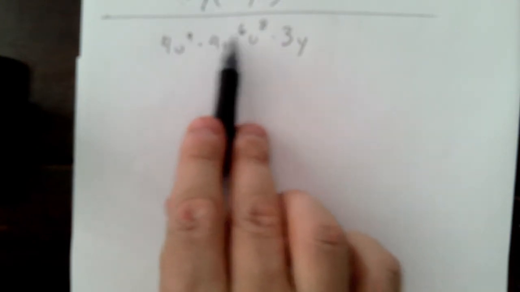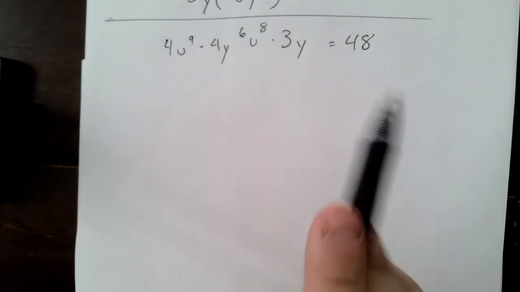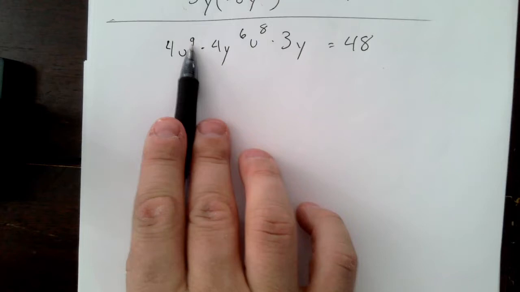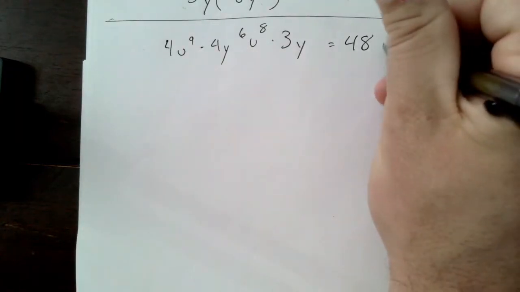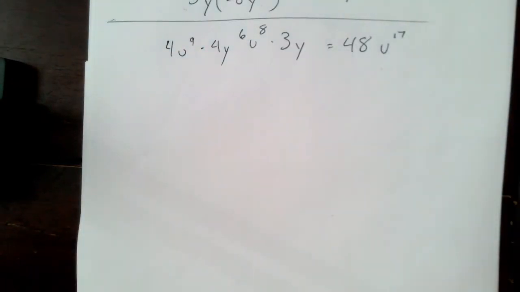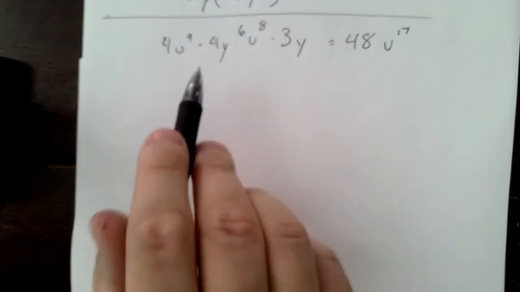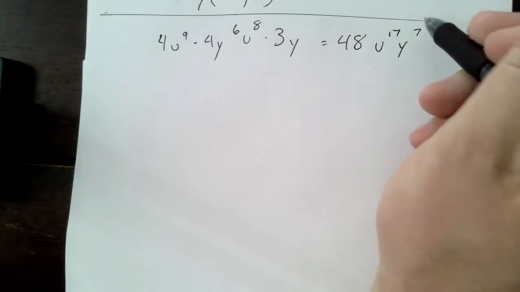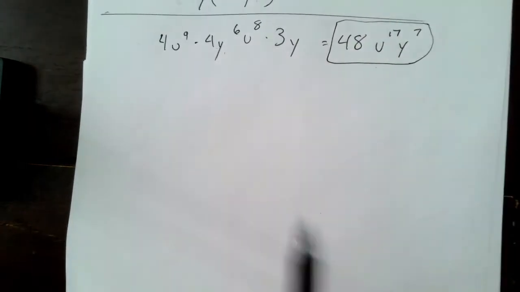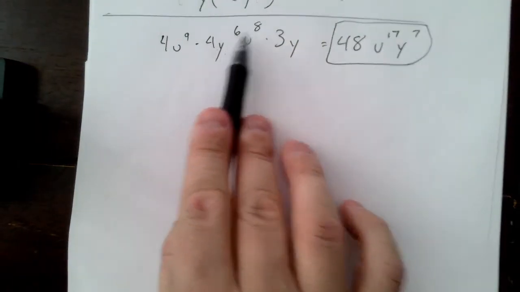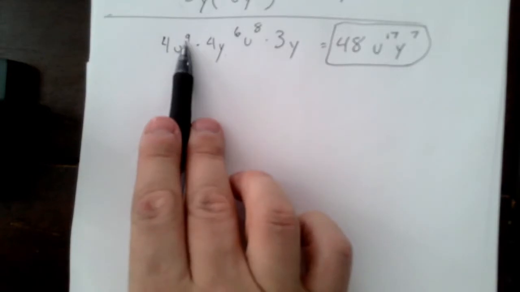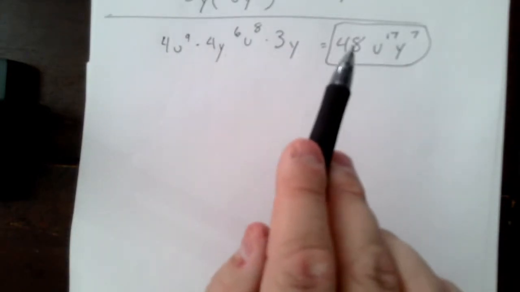So 4 times 3 is 12. Now we have to look at the same bases. So we have u to the 9th and u to the 8th, which makes u to the 17th. And y to the 6th times y, which is y to the 7th. Remember, we add the exponents together. 6 plus 1 is 7. 9 plus 8 is 17.